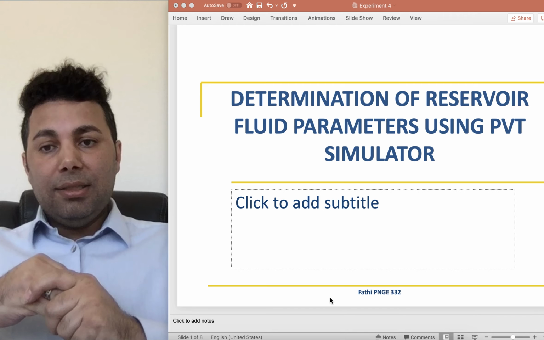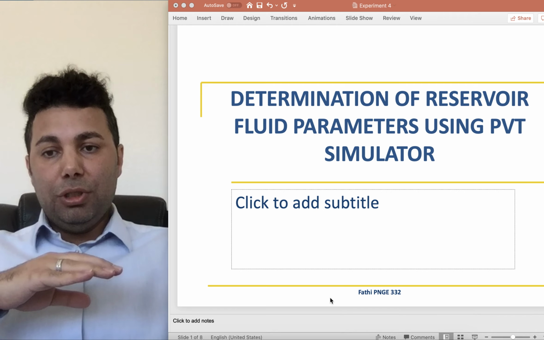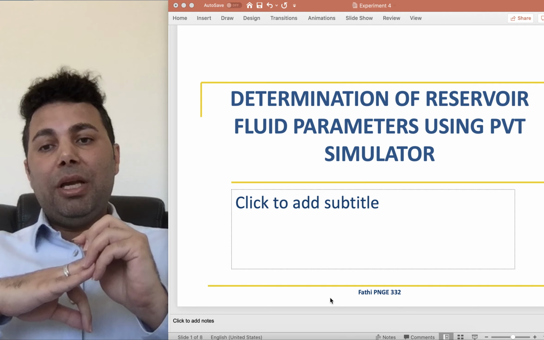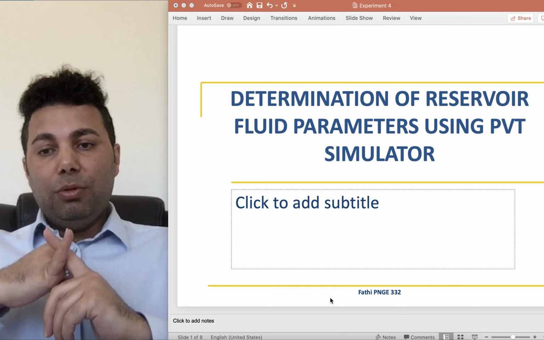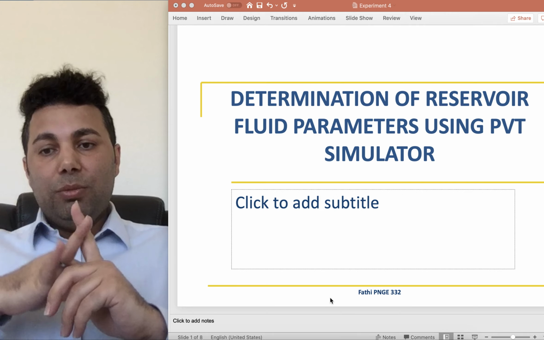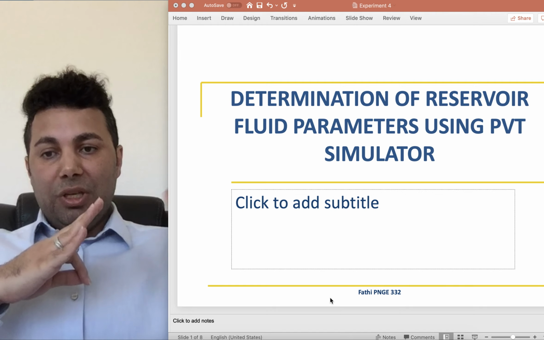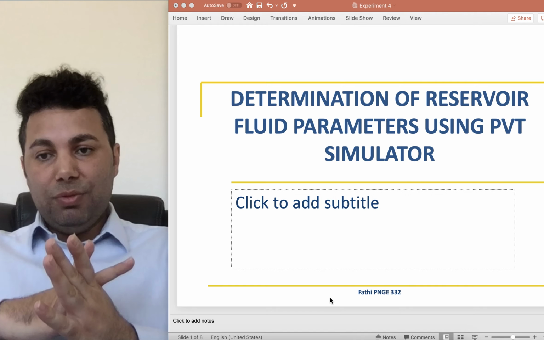So in this task, we start from the reservoir pressure, and we calculate three major parameters: oil formation volume factor, gas formation volume factor, and solution gas oil ratio, from reservoir pressure all the way to atmospheric pressure.